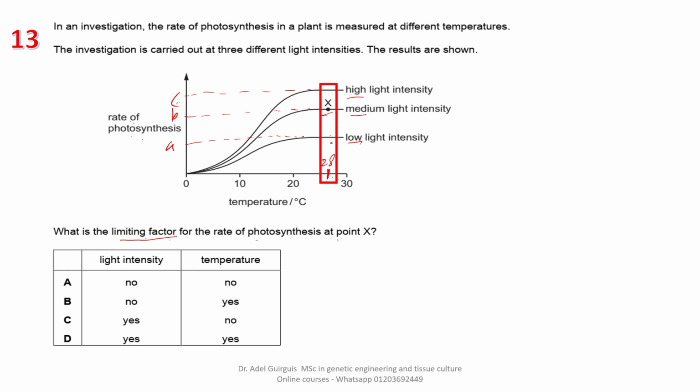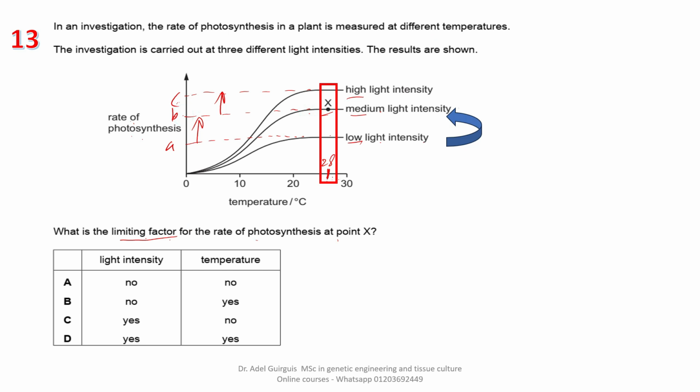What is the limiting factor for this change from A to B and from B to C? Changing light intensity. So light intensity acts as what? As the limiting factor. By increasing light intensity at fixed temperature, the rate of photosynthesis increases.